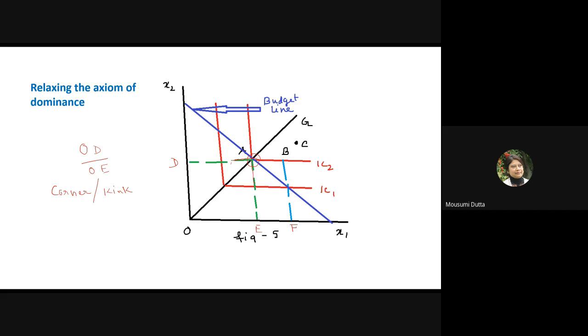Satiation in one commodity. The axiom of dominance ruled out satiation in all commodities.